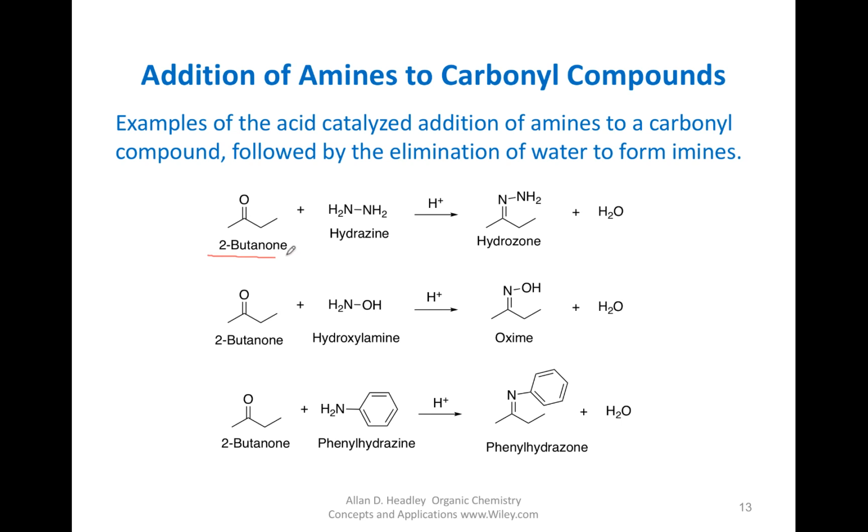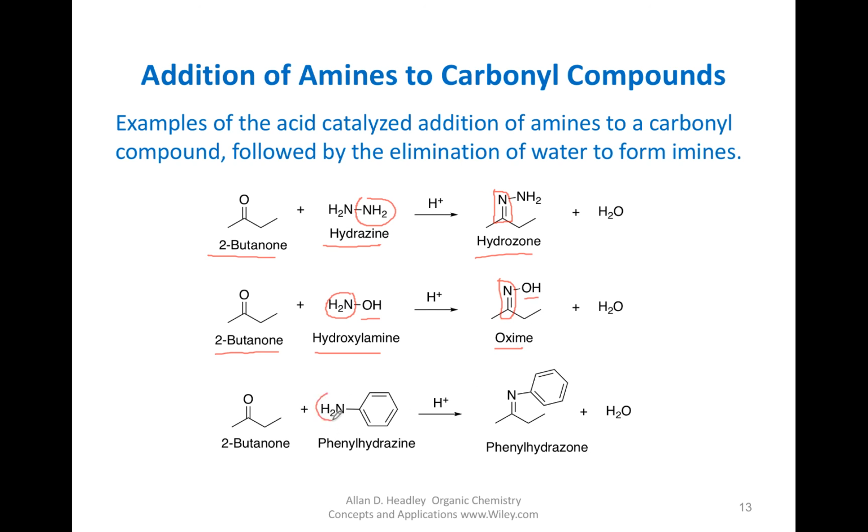Starting again with butanone, reacting this with hydrazine, here's the amine portion of this molecule, so it forms the imine here. This type of molecule is called a hydrazone. Same type of reaction here. This is called hydroxylamine. Here is the imine portion, but now it's bonded to an OH. This type of molecule, because of the OH, is called an oxime.